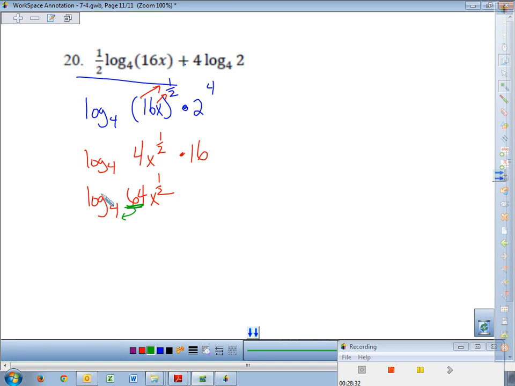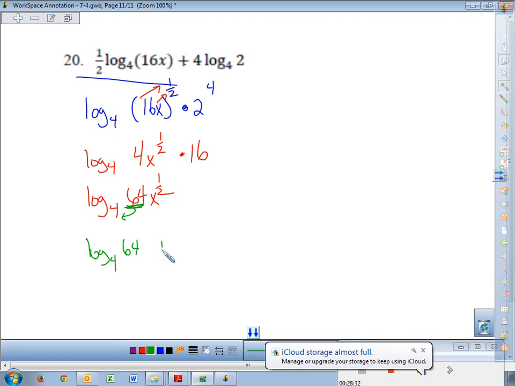And in the condensing process, we have to split this back up as this. Don't write this any further. Just leave it. Just watch me. Log base 4 of 64. What's going on between those? Multiplication. So how do I split it up? Plus log base 4 of x. And the 1/2 came down, right? Because what's this?